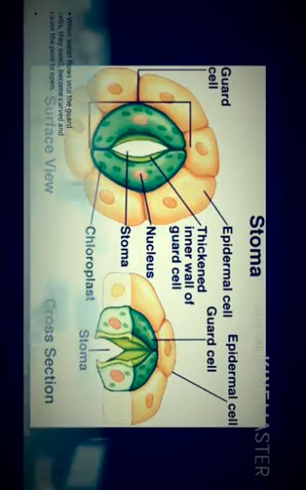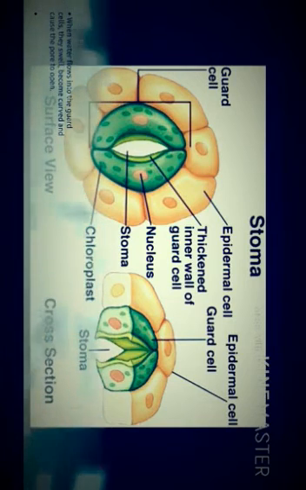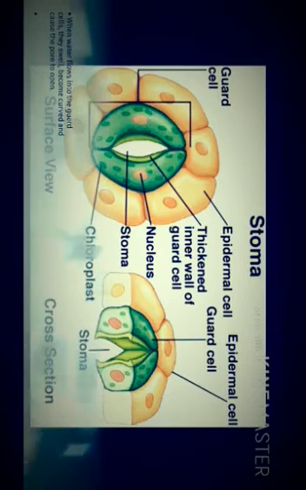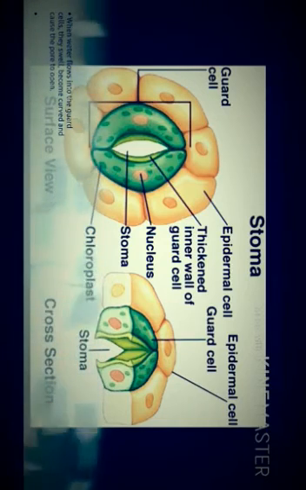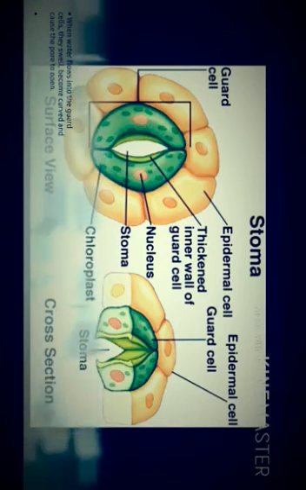Opening and closing depend completely on the working of the guard cells. The structure of a guard cell is bean-shaped. Bean, जैसे आपने देखा होगा राजमा, देखा है ना, उस तरह का होता है.